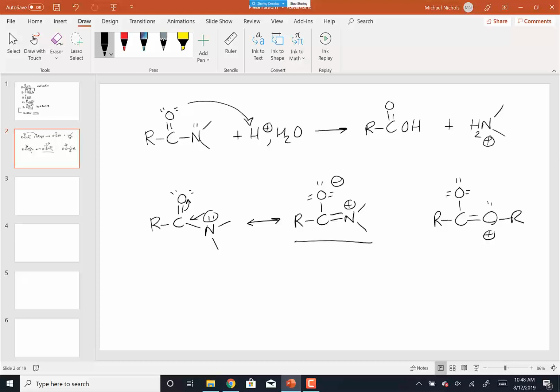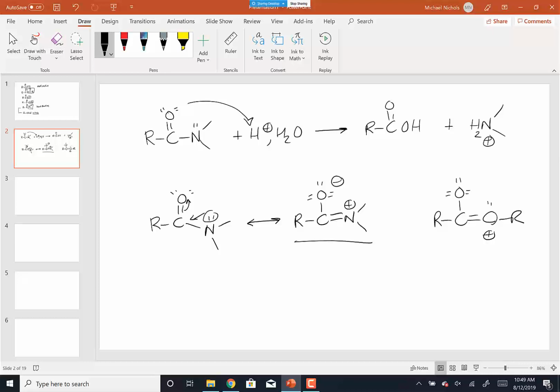At this point, it should be. Why is that not stable? What are its issues? There's a positive charge on the nitrogen. That's an issue. What else is an issue? It's got a positive and a negative charge. It's got two charges. So this thing has two issues.